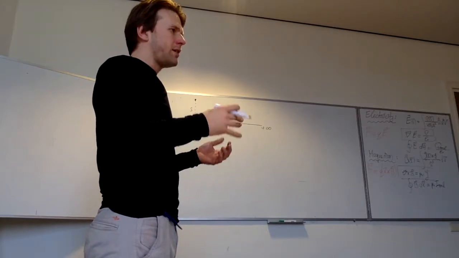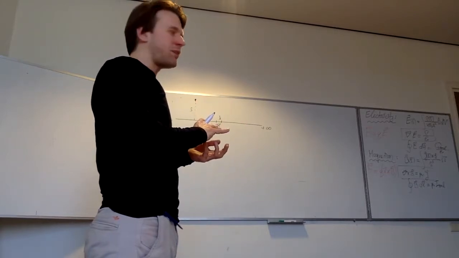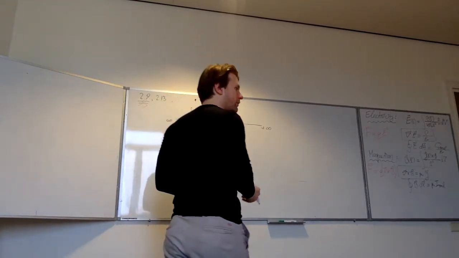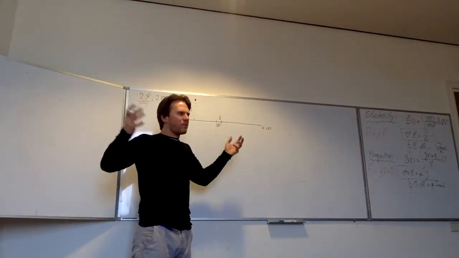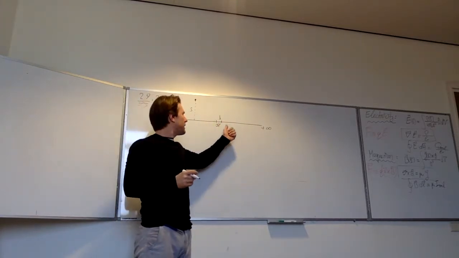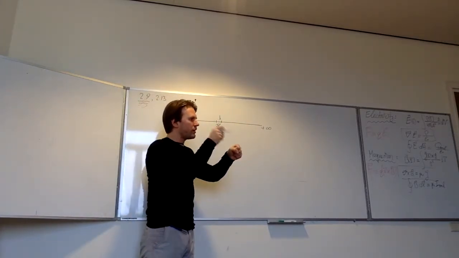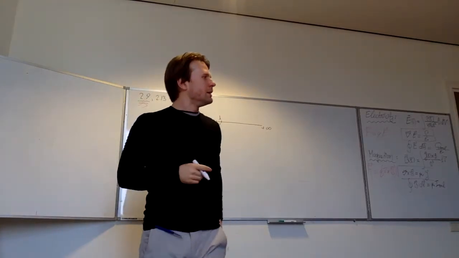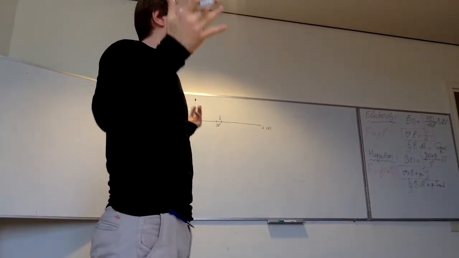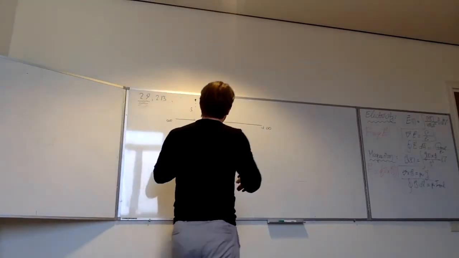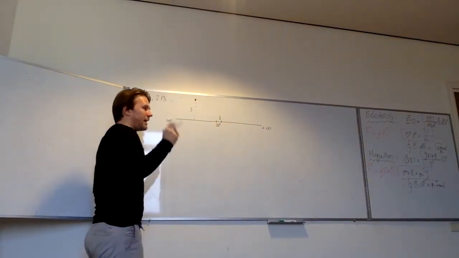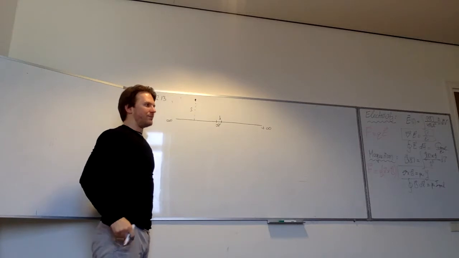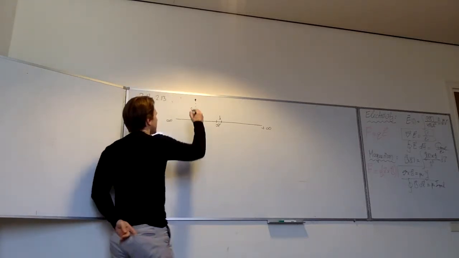The argument that I used, that you can have no pileup, doesn't just apply to moving charge, it also applies to stationary charge. Unless, of course, there's some outside mechanism going on that's keeping more charge here and there. Maybe somebody bolted them to the wire or something like that. But given that they can freely flow and distribute themselves, you will have the same lambda at every piece dl. Okay, so there is an electric field. So that's good. Question is, how much electric field is there here?